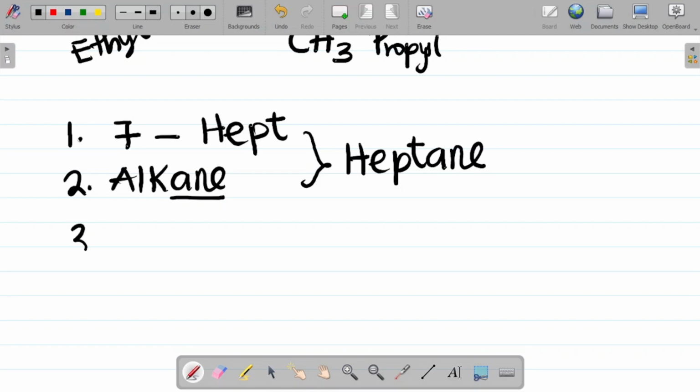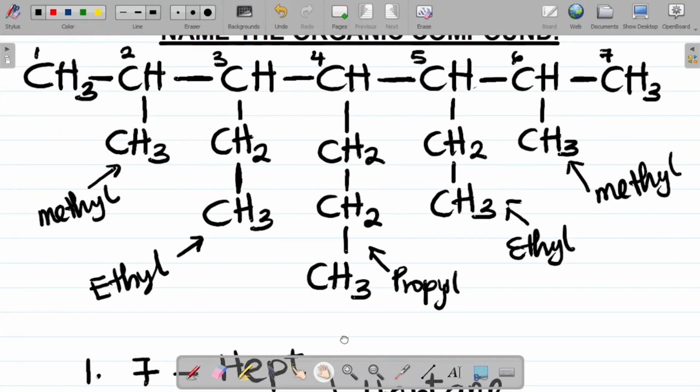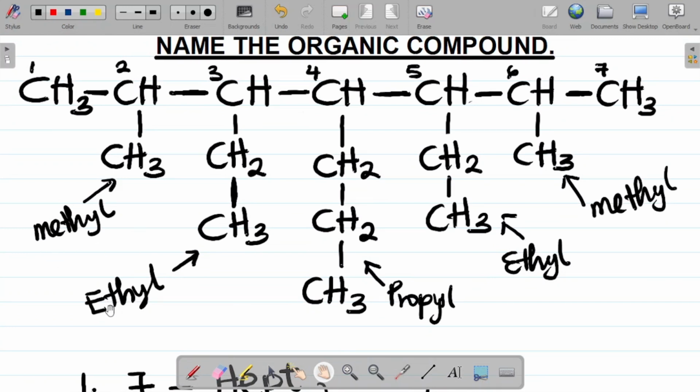Number 3, I'll bring in my substituents. By my substituents, in this case, I mean my alkyl groups, that's the methyl, ethyl, propyl that you have here. Now, in arranging the substituents here, I'll take them according to alphabetical order. By alphabetical order, I have ethyl, E coming first, and then methyl, M coming next, and then propyl. It depends on the author.